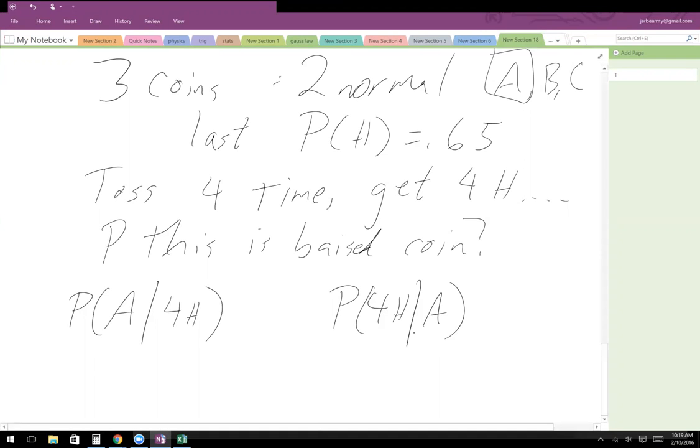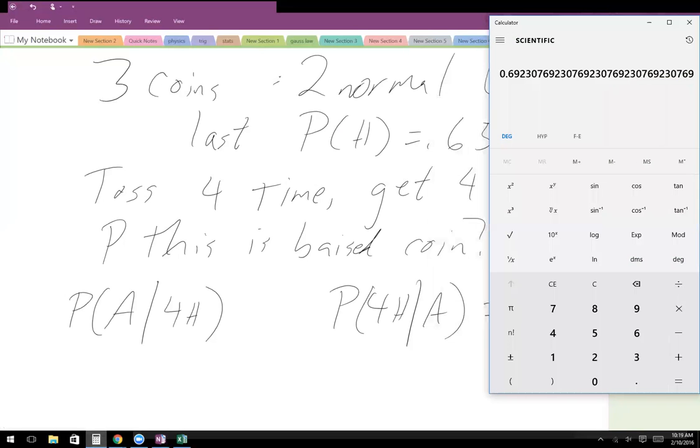So if you're doing and, you just multiply, right? So the probability of the first one's 0.65 times the probability on the second one's 0.65 times the probability on the third one. So the probability of getting 4 in a row is 0.65 to the 4th if you've got the biased coin.